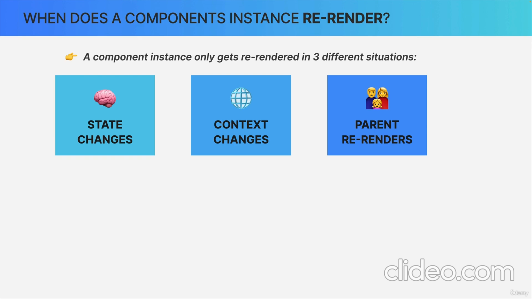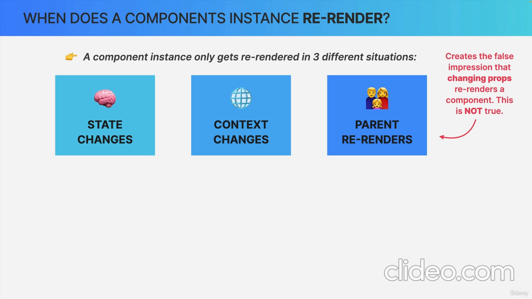Because it is true that it does look as if components re-render when their props change. But what actually happens is that props only change when the parent re-renders. But when the parent re-renders, the child who receives the prop will re-render anyway. And so the real reason why a component re-renders when props change is that the parent has re-rendered.